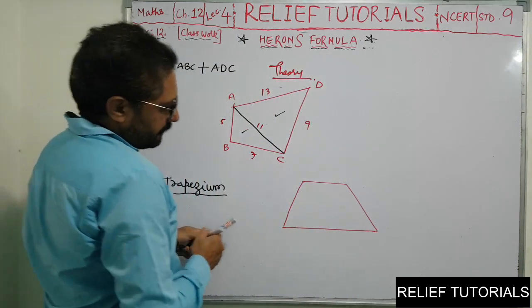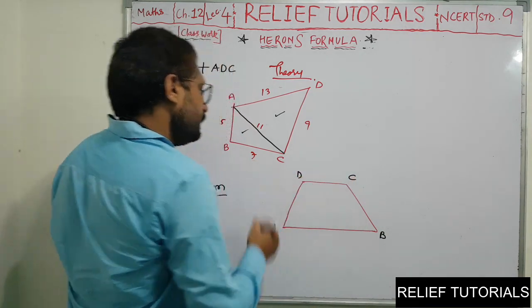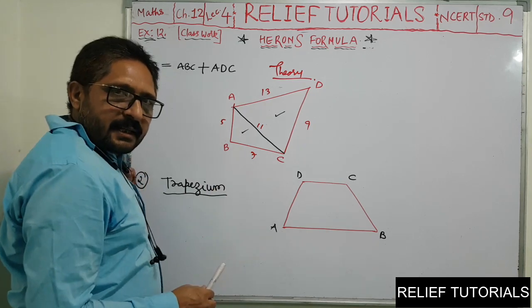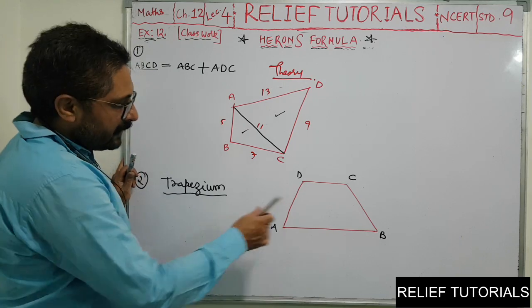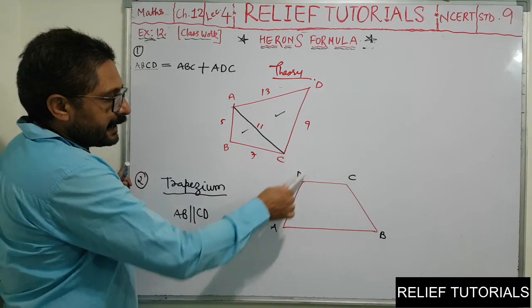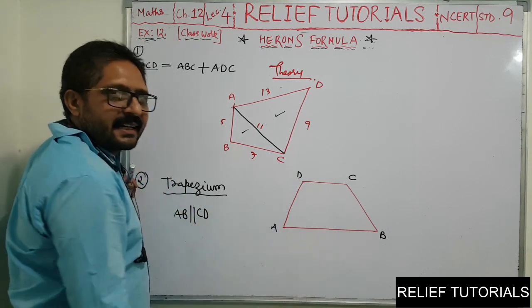See, this is a trapezium. In a parallelogram, both pairs of opposite sides are parallel. In a trapezium, only one pair of opposite sides is parallel. So here we can say, see here, AB is parallel to CD and AD is not parallel to BC. So only one pair of opposite sides is parallel.